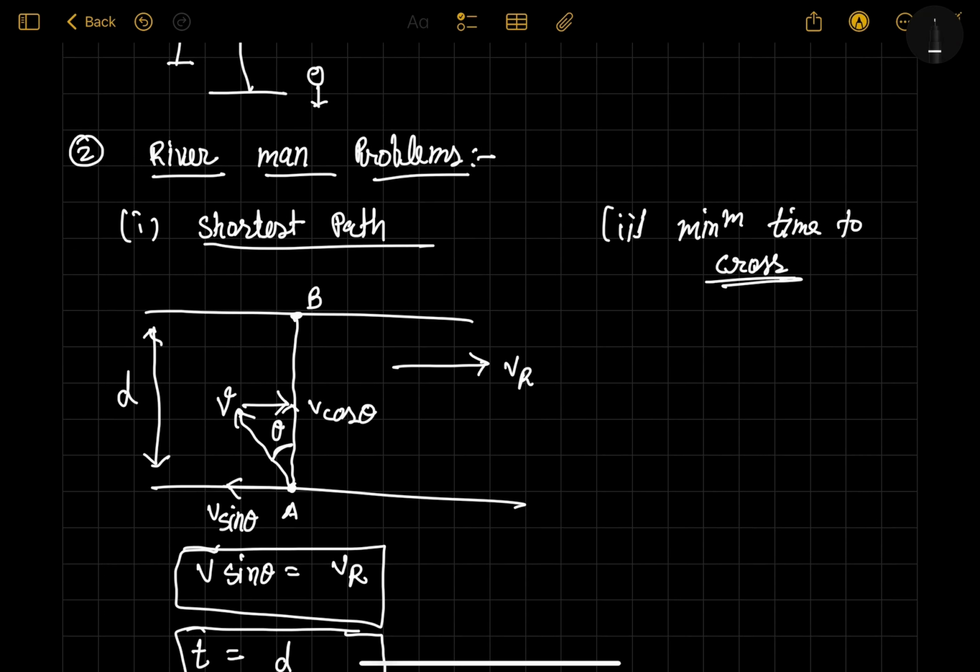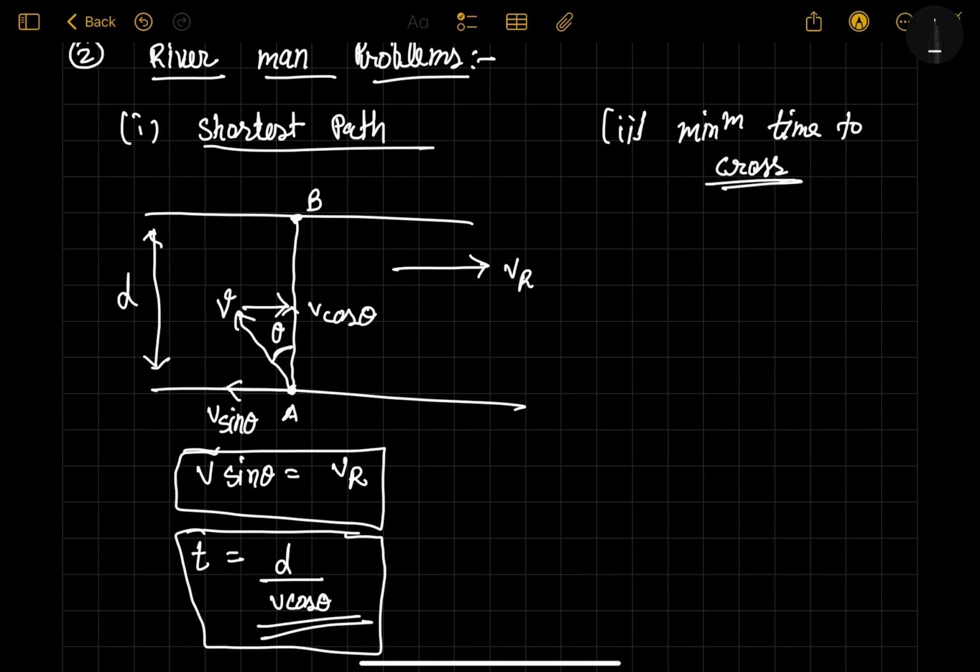Now, the minimum time taken to cross the river. Here he will not be going exactly opposite from his initial point, he will be making some drift. So this is a river with width d, moving with velocity vr again.